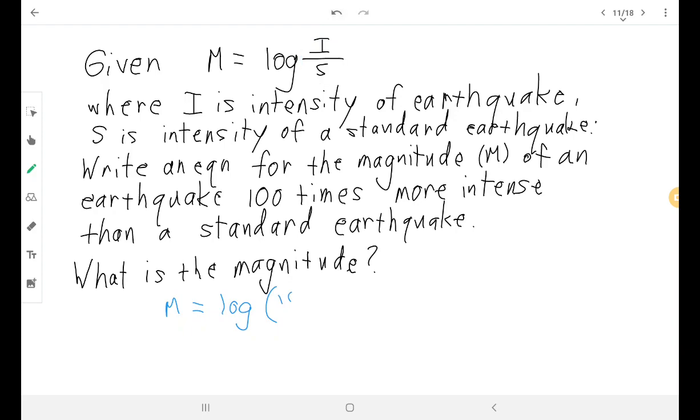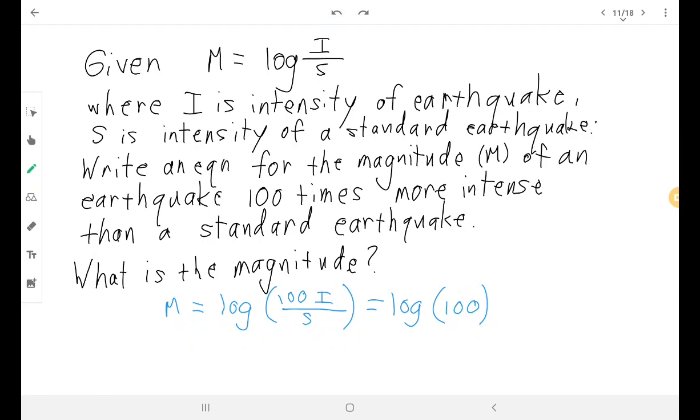So we want to be 100 times that, right? So we could call this the common log of 100 then, because if these are the same, they would equal 1.